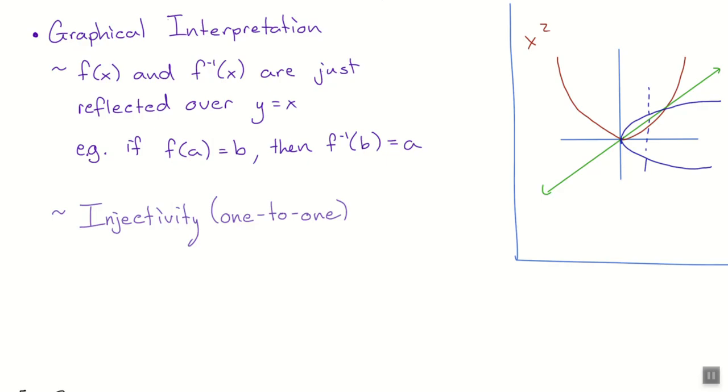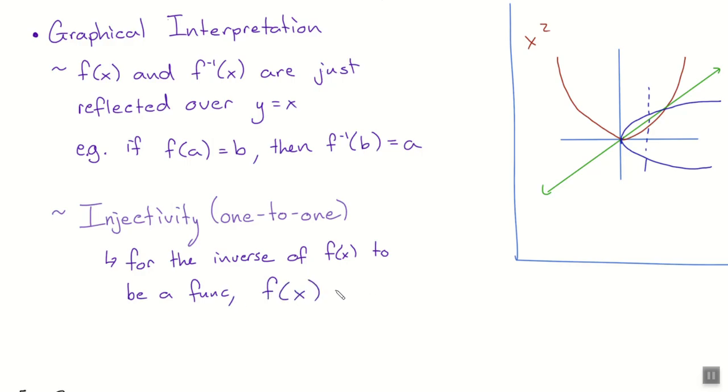Here's the big takeaway and why we're talking about this. For the inverse of f of x to be a function, f of x must be one-to-one.